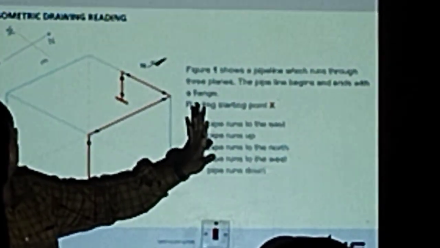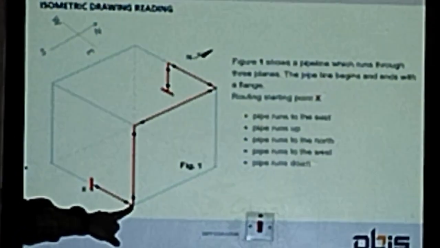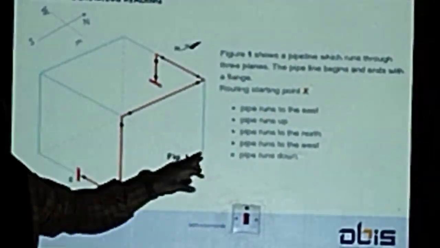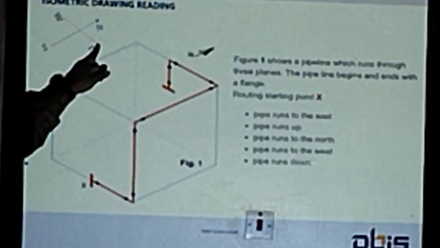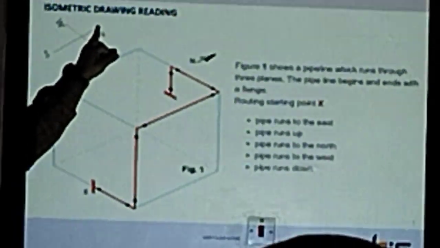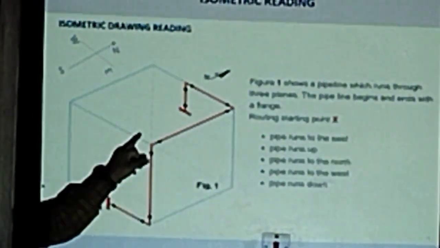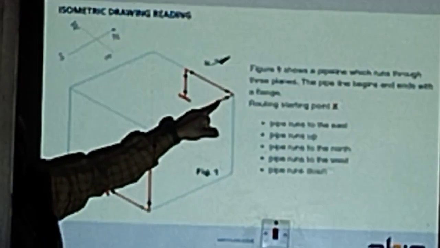This is already given here. Try to understand. Direction going to east. From here, pipe runs up. Now it is going up. From here it is going to the north. This direction. It is going to the north direction.